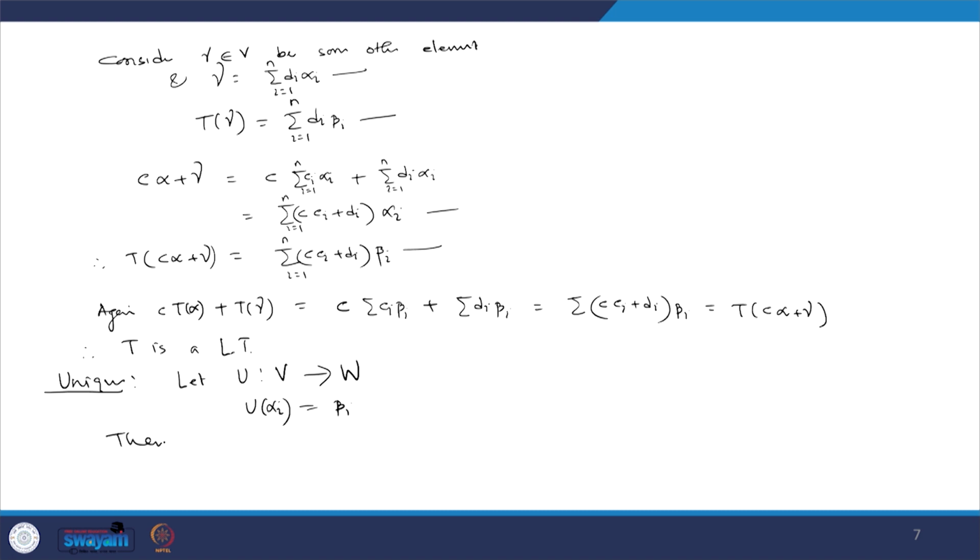Then U of alpha will be equal to U of sigma Ci alpha i, i equal to 1 to n, which is equal to sigma Ci U of alpha i, equal to sigma Ci beta i, and this is nothing but T of alpha. So, this implies U equal to T. So, we see that there exists a unique linear transformation from V into W.